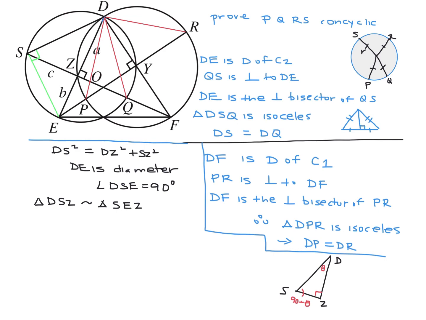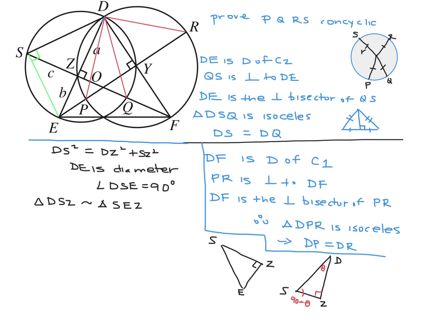Okay, now let's draw the other triangle to prove that it's similar. And that's SEZ, this guy right here. So let's draw that. SEZ. So that one has also a right angle. Now remember I denoted that to be theta, right?